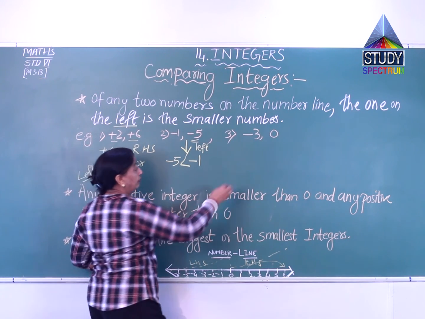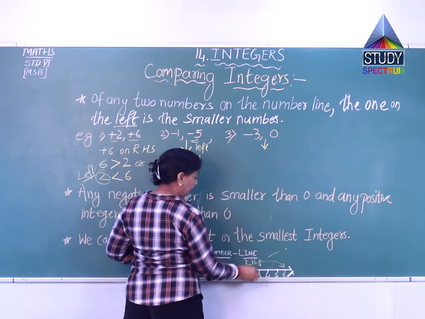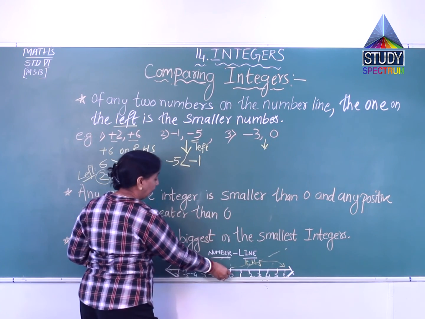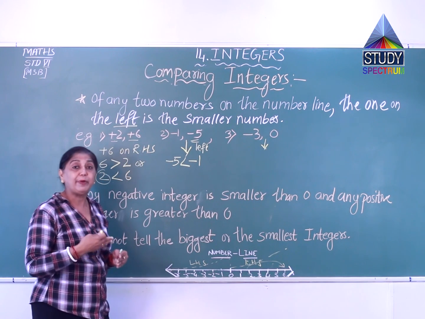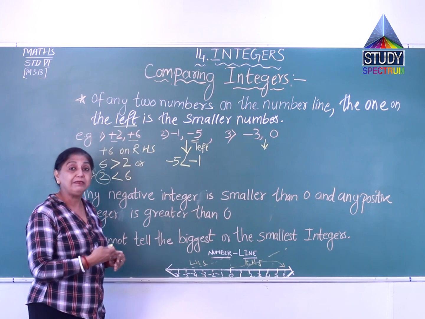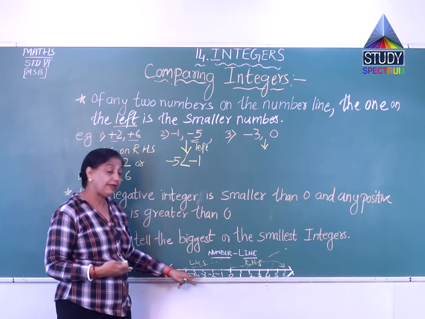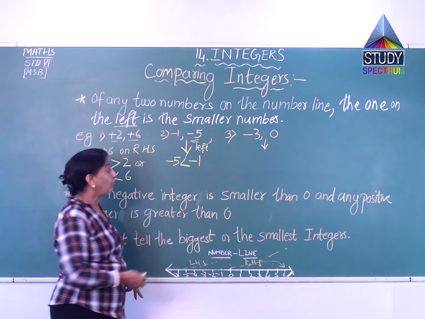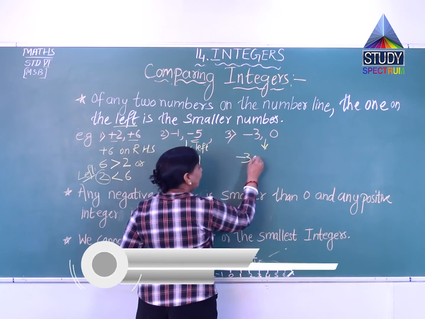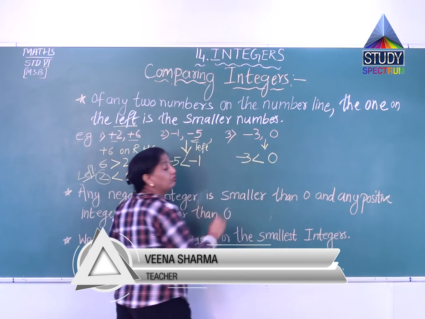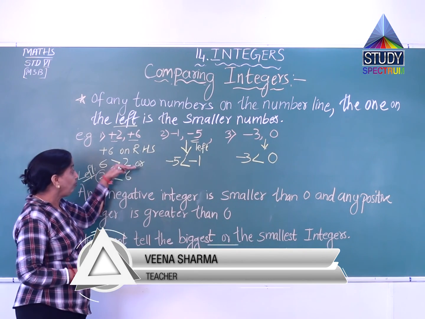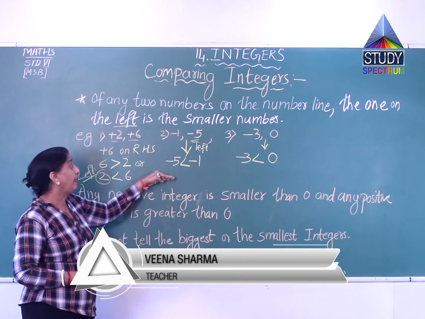Now the third one. Here again 0 is there, that is the origin, and -3. Where does -3 lie? -3 lies to the left hand side of the origin as it is a negative number. So -3 is less than 0, that is the origin. This way you can compare the numbers.